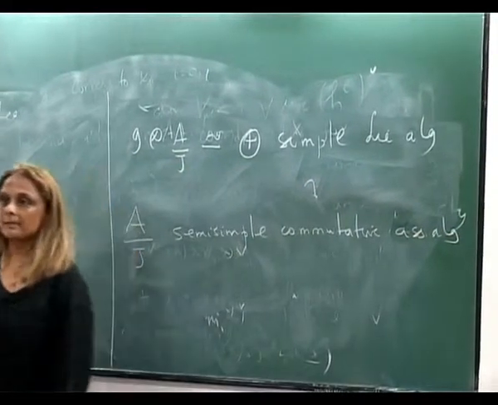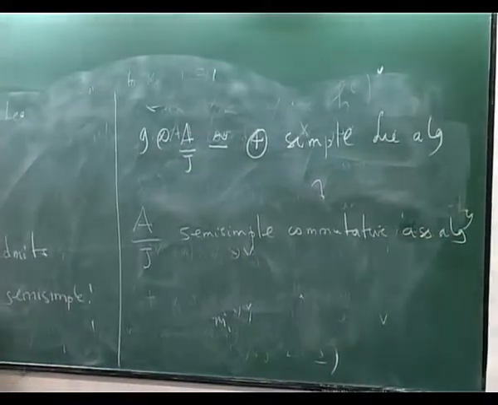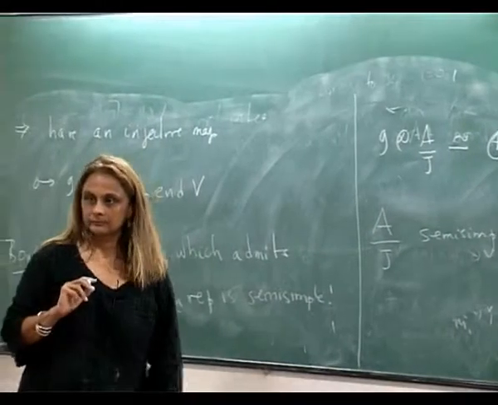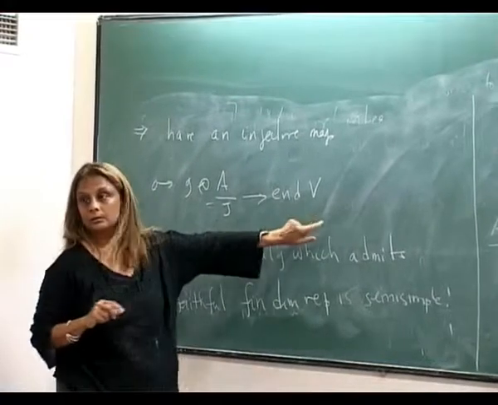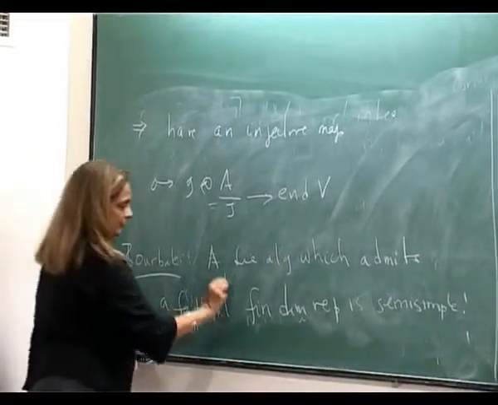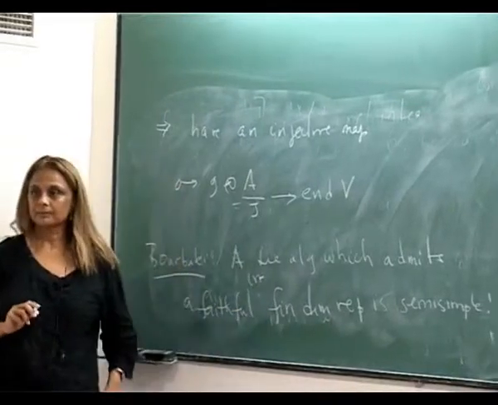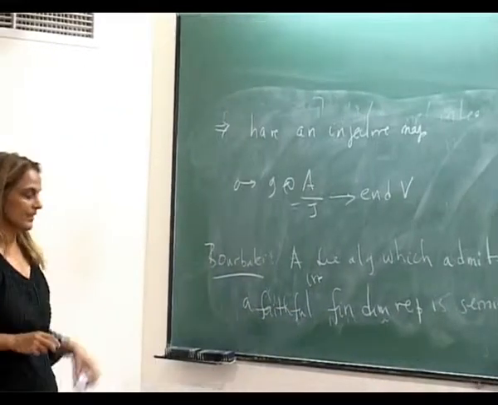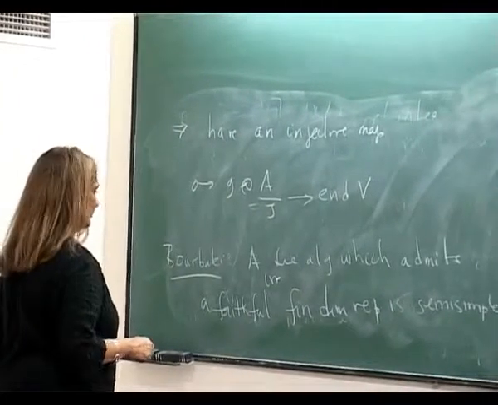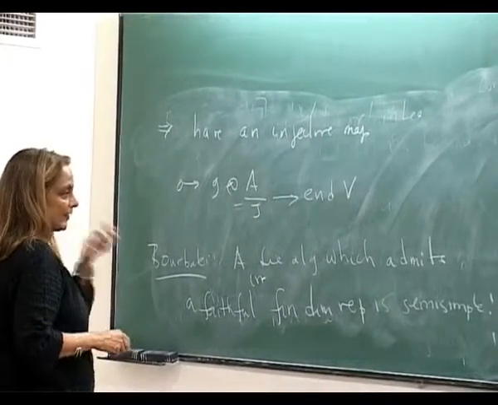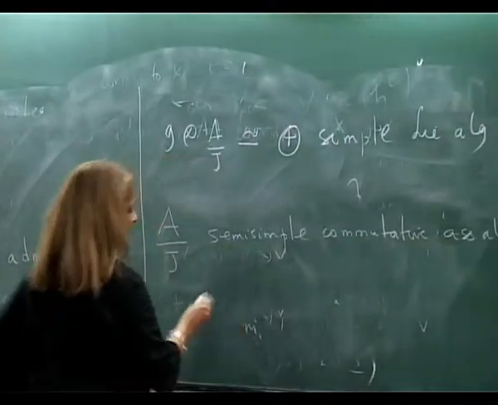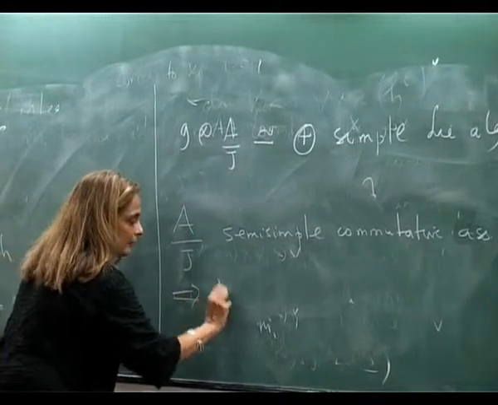Any Lie algebra can have a faithful finite dimensional representation. Irreducible also? Irreducible also. Faithful, irreducible, finite dimensional, yes, that is Ado's theorem, but here this is different. So you prove that A by J is a semi-simple commutative associative algebra, but that means it's just a direct sum of copies of C.